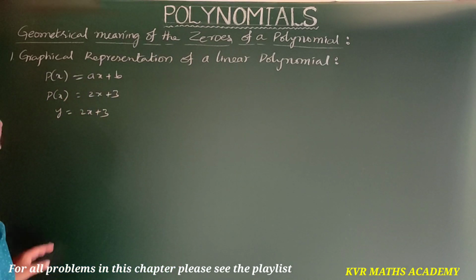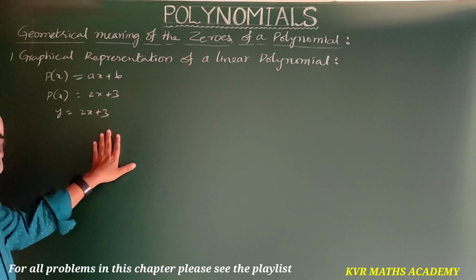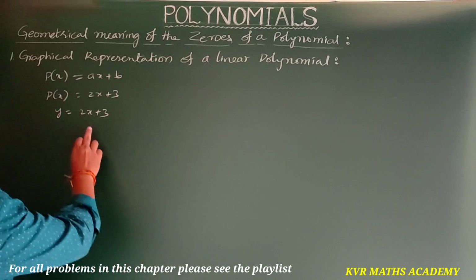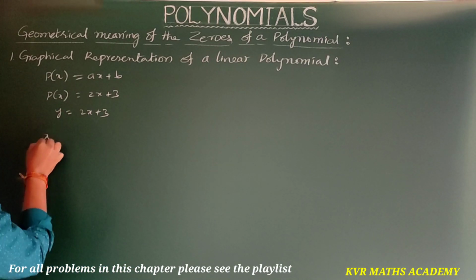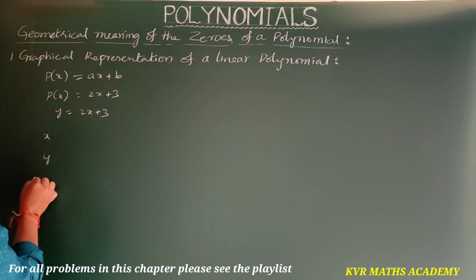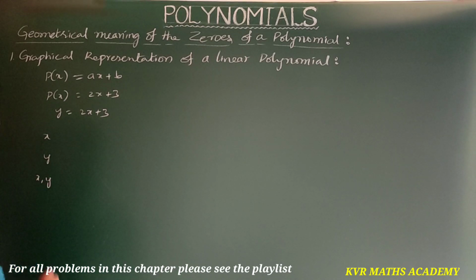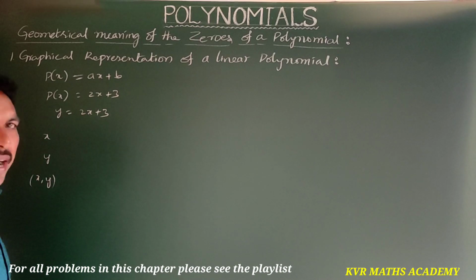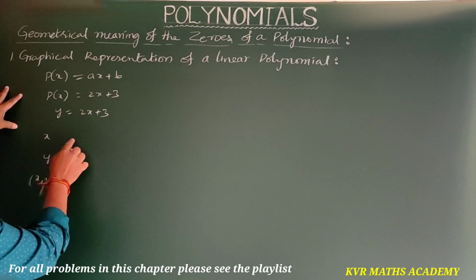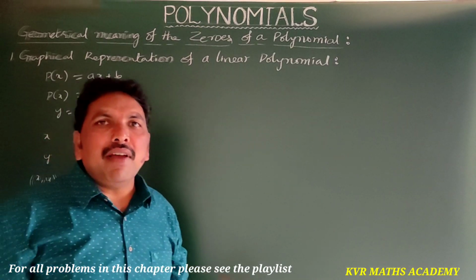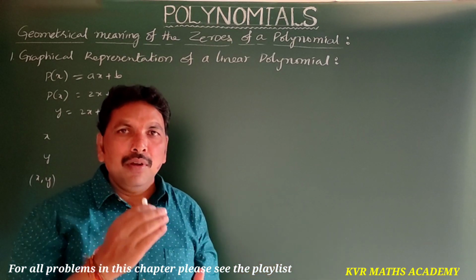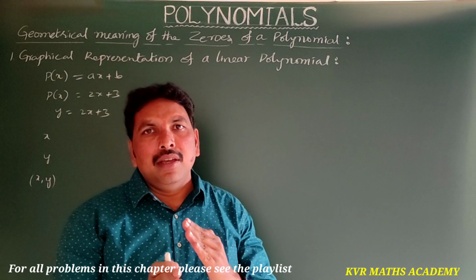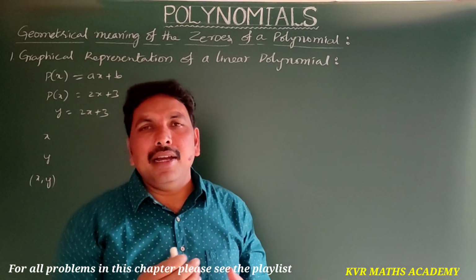First, according to this, draw a table: first x value, next y; x comma y values we have to take. This is an ordered pair, right? Suppose x values, let us take -2, -1, 0, 1, 2, negative numbers and positive numbers.